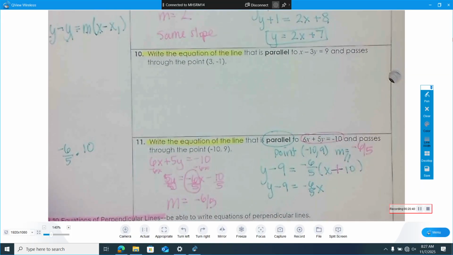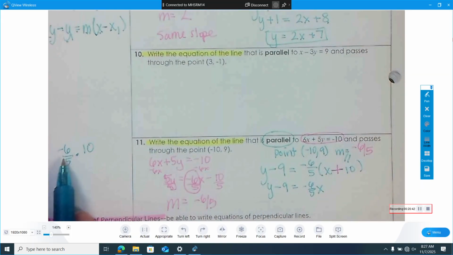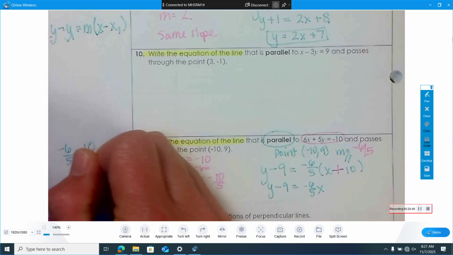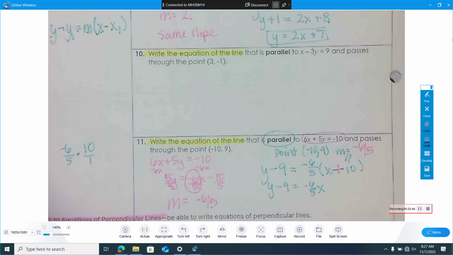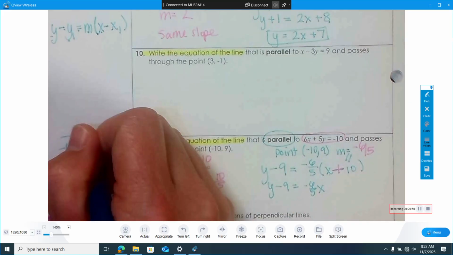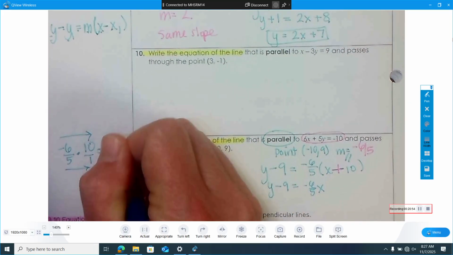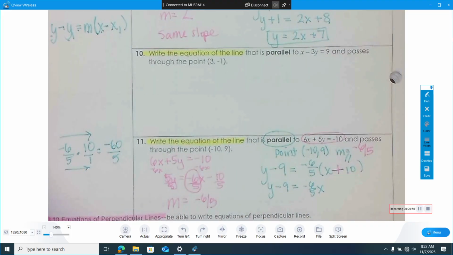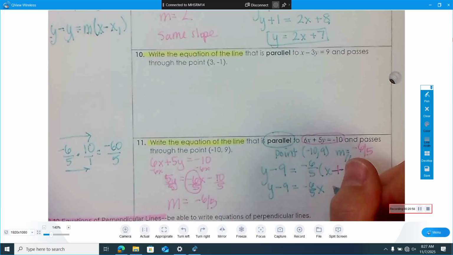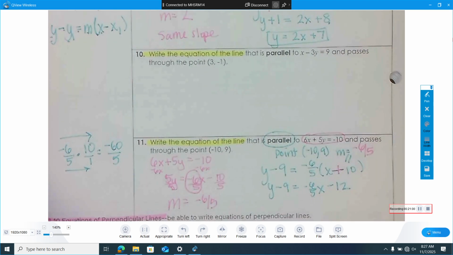That's a good question. So we write it over here on the side, and I think that that's 10 over 1. And how do you multiply fractions? Straight across. Negative 60 over 5. And what is negative 60 over 5? Negative 12, okay?